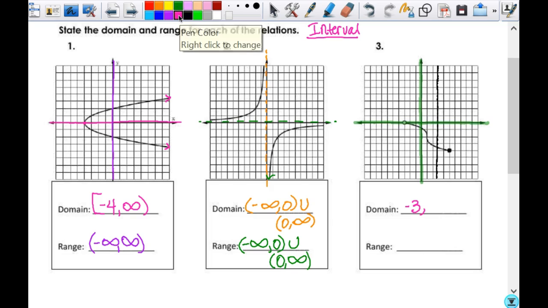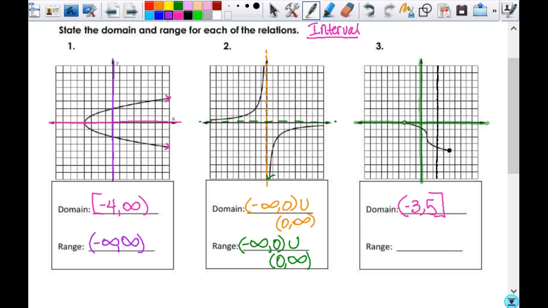So from -3, and then 1, 2, 3, 4, 5 to 5. I do not include -3 because it's an open circle. So I get really close to -3 but don't actually make it. And then I do include this one because it is a closed circle.